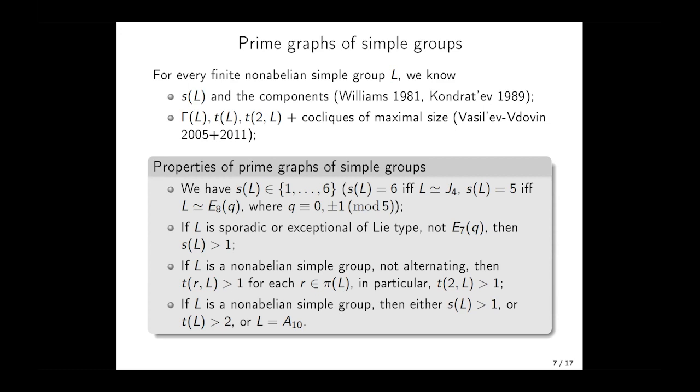Moreover, there is an adjacency criterion which tells us whether two vertices are connected or not with an edge. This is the work by Vasily Vdovin, 2005. And using this criterion, we can actually construct the graph for any simple group.